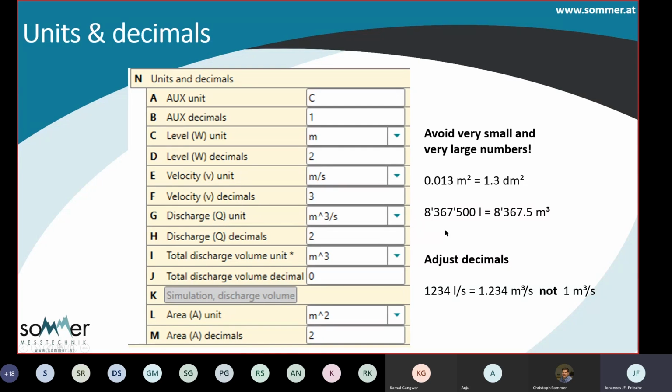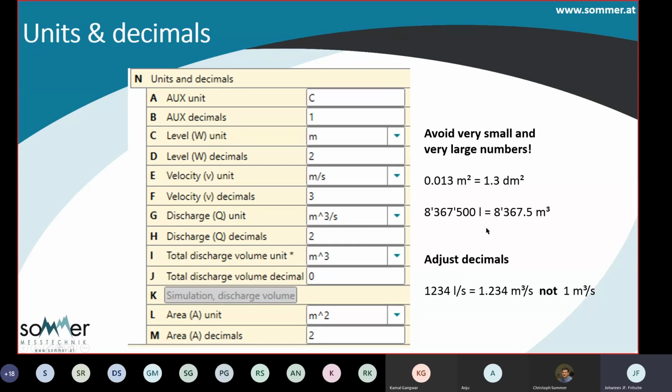Because when you sum up these numbers, you quickly reach the overflow of the instrument, and you won't be able to display the correct data anymore. So change the unit to cubic meters, and you can calculate the total discharge for a much longer time than using liters in this case.